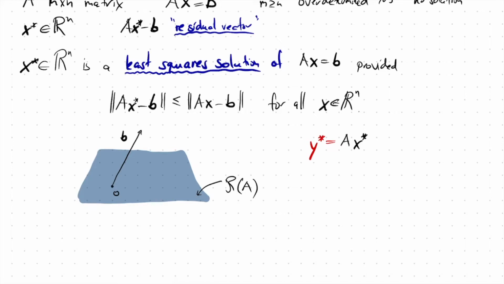Now we're looking for an x star. So basically, we first look for y star, which has a minimum distance to this b. It has a minimum distance if the difference is orthogonal to the range.